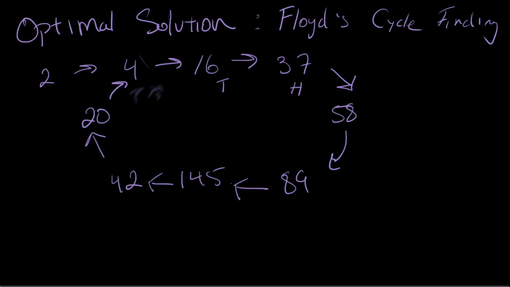Two more steps, and then the hare is at 89, and the tortoise will only move to 37. The hare again will move twice to 42. The tortoise will move to 58. We'll move twice again to 4. And you can see that the hare will inevitably catch the tortoise.